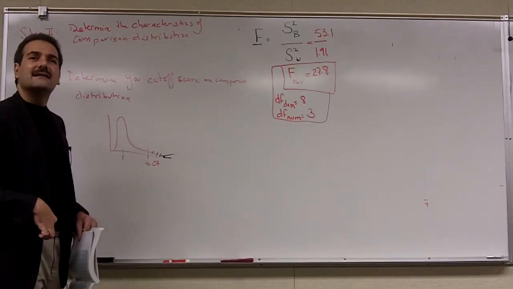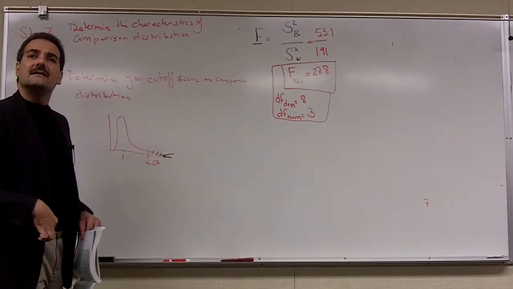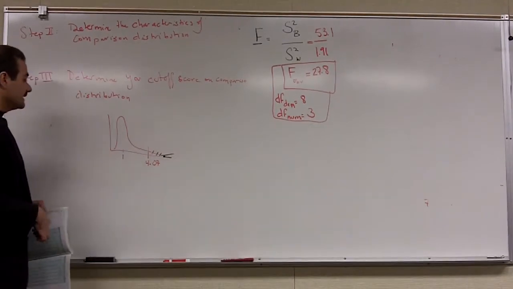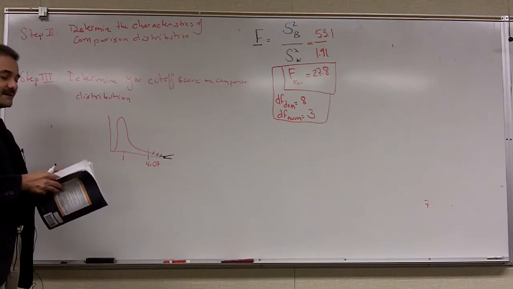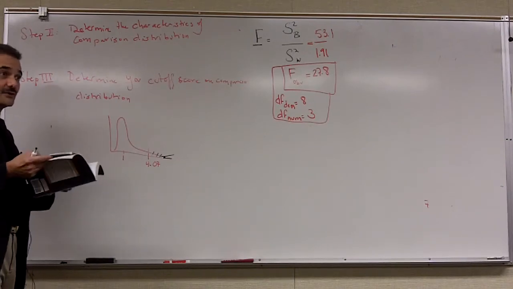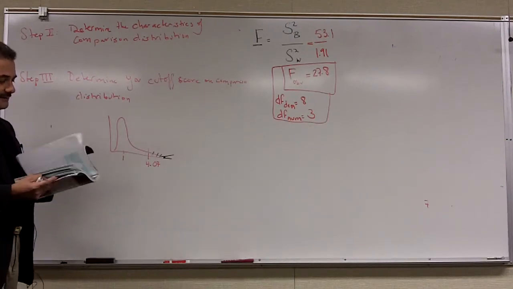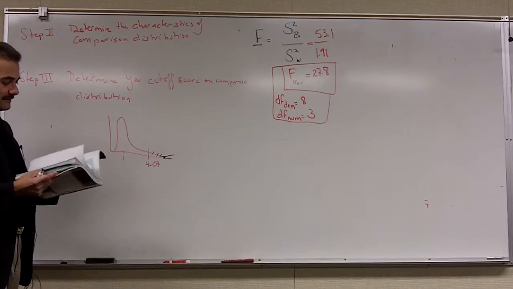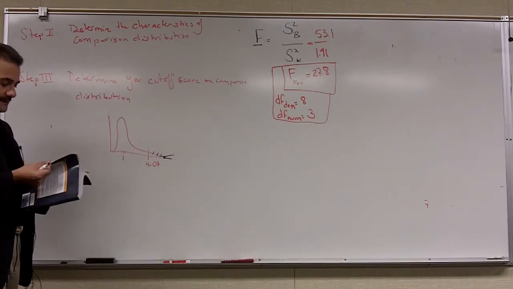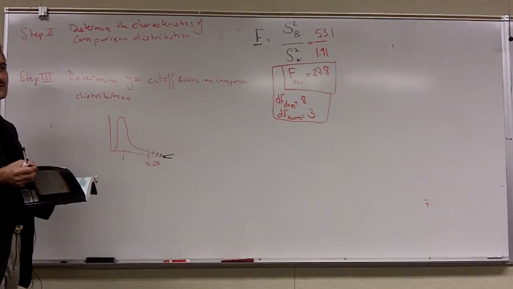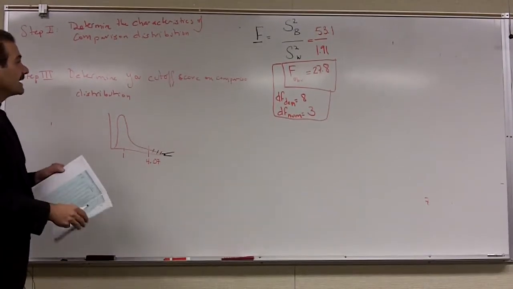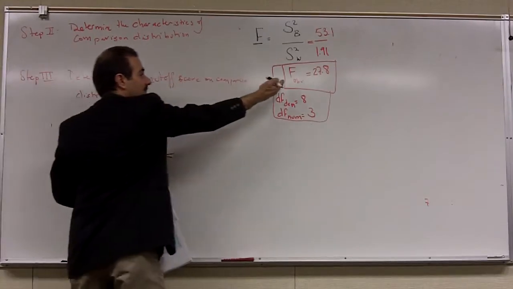Number 4, what's the preferred terminology? Determine your sample score on the comparison distribution. This is your observed or sample score.